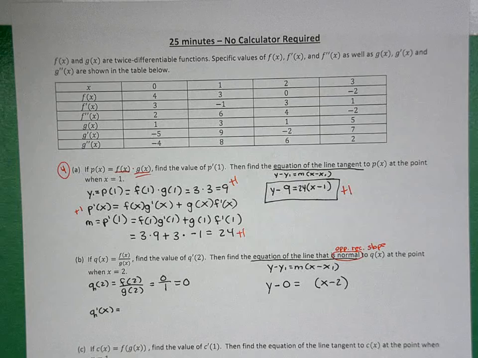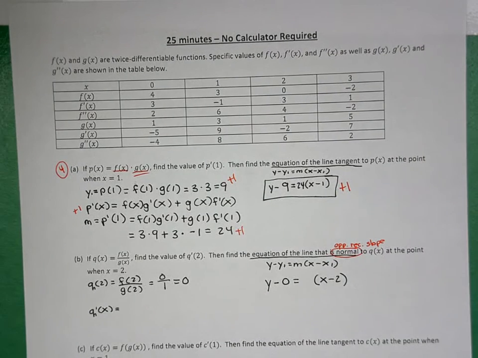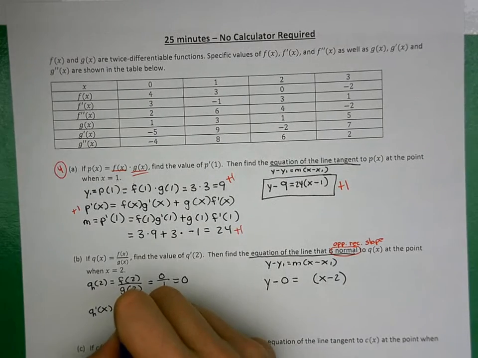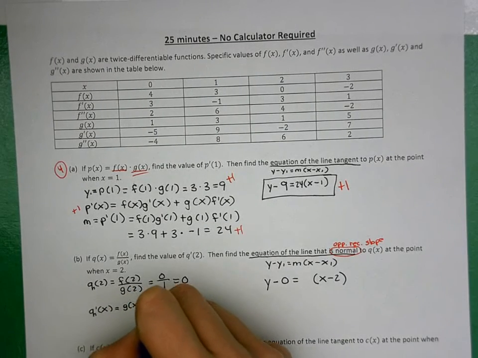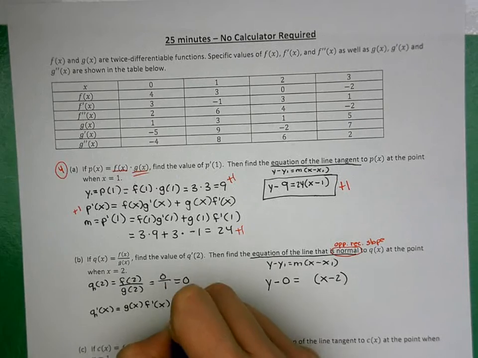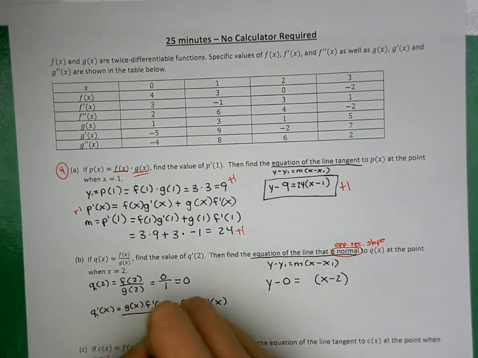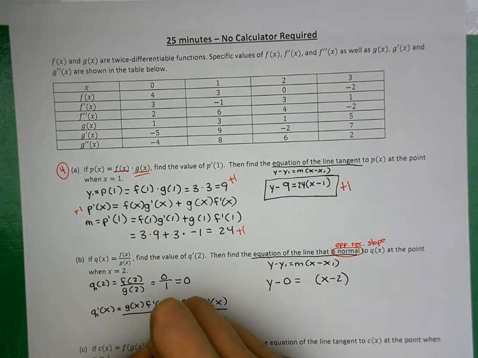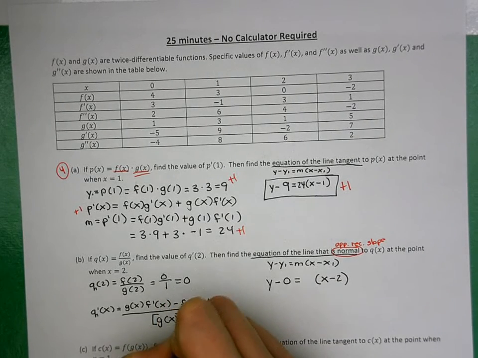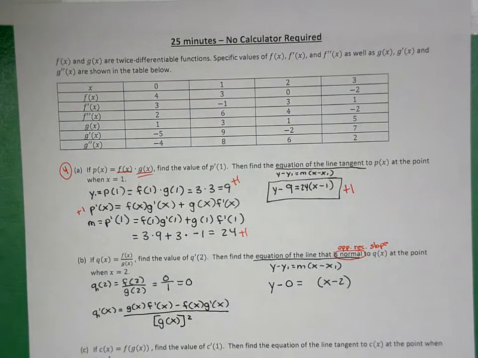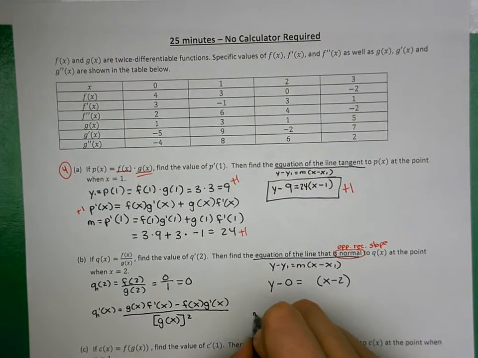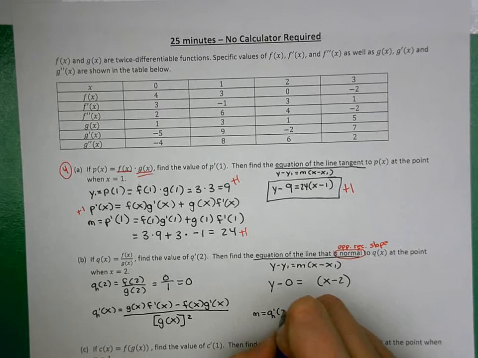So how do we take the derivative of f of x over g of x? Well, that would be quotient rule, so we've got low g of x d high minus high d low all over low squared. And so then our slope is that q prime with 2 plugged in.